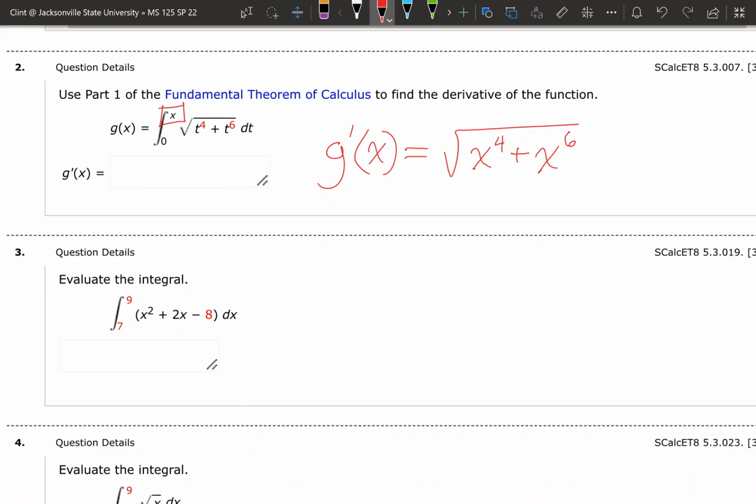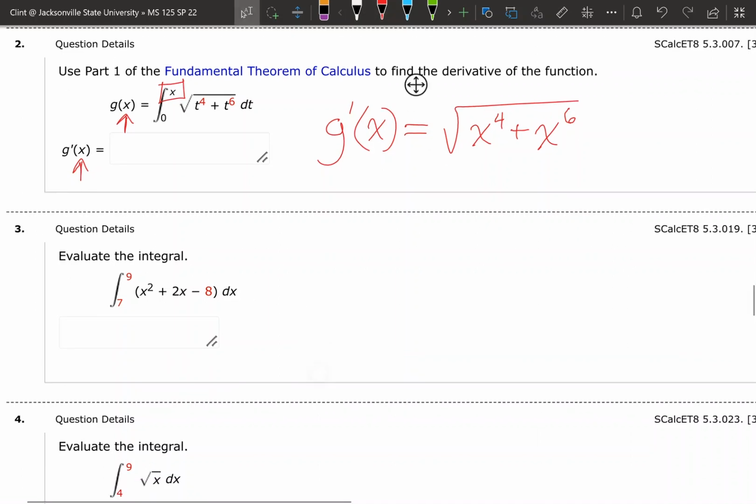The derivative cancels out the integration. Another way of thinking about that is that if this is a function of x, then the derivative's got to be a function of x. Questions on that one? It'll be almost a gimme if you get one like that.